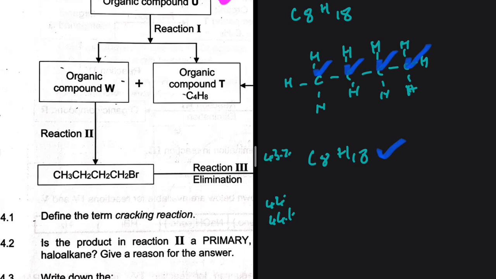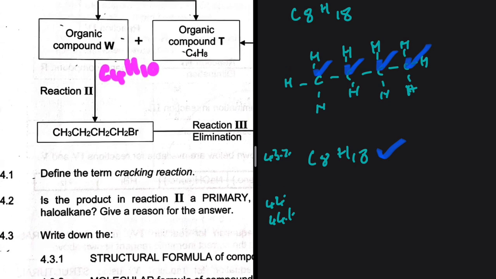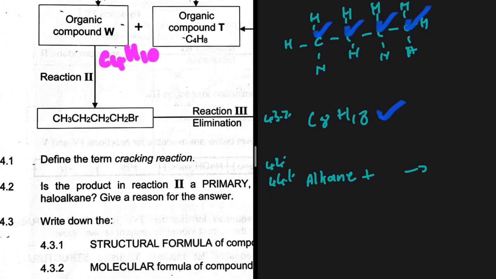So let me just write that nicely. C4H10. That is compound W. So compound W is an alkane, right? It is an alkane, not an alkene. I'm sorry for that, just a mistake. It's an alkane. And then we add something, and the product is a haloalkane.